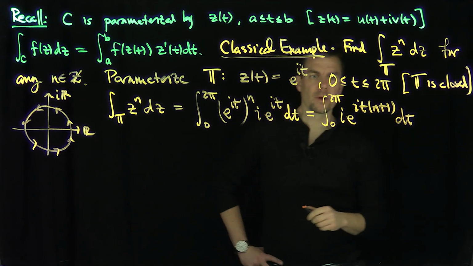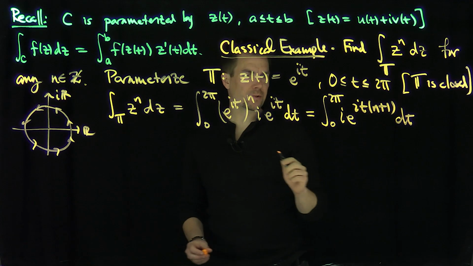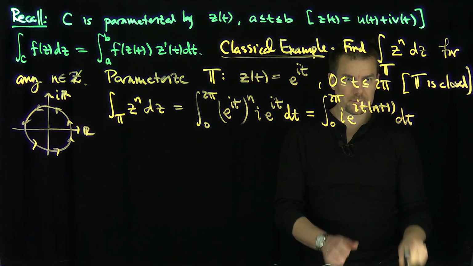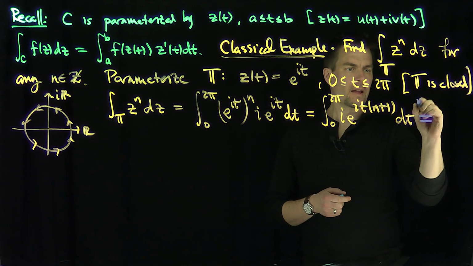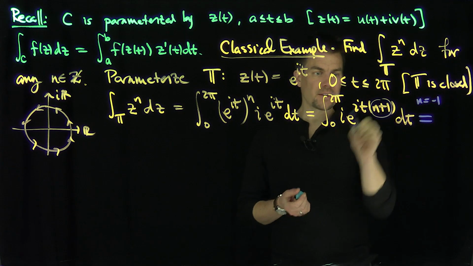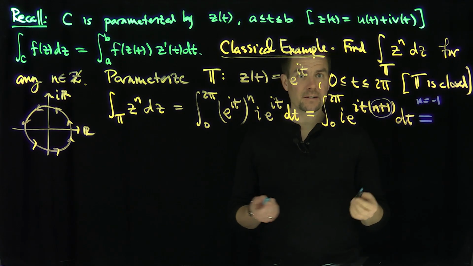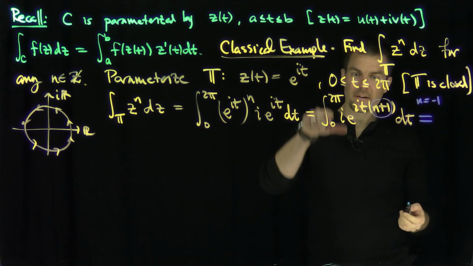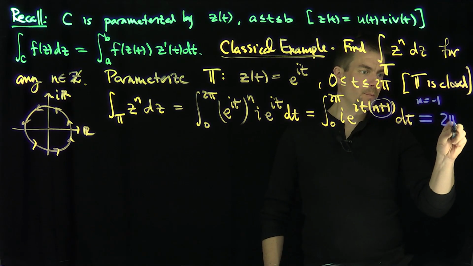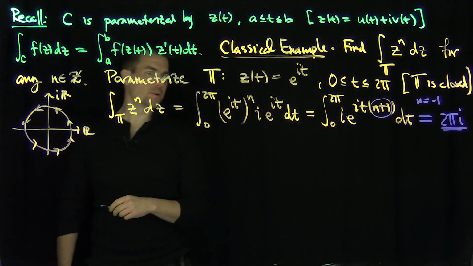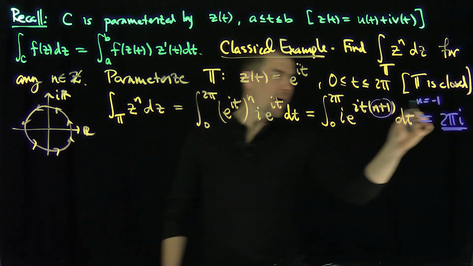Good. Now, there's two cases to do. If n is equal to -1, which is an integer, then n plus 1 is 0, right? And e to the i 0 is just equal to 1, so this will just give you an i integrated from 0 to 2 pi, so you just get 2 pi i. So you get 2 pi i when n is equal to -1.